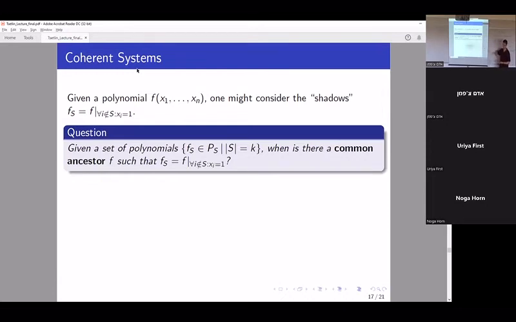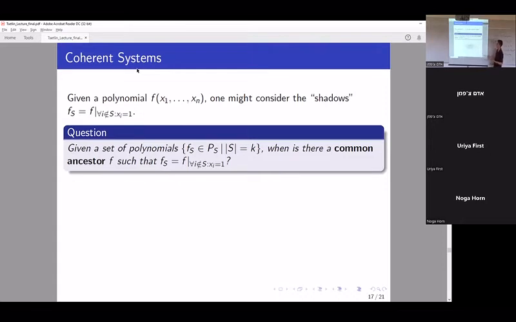Okay, so naturally we have some necessary condition. We really need to agree on the intersections, right? If we take two, S1 and S2, and we intersect, and we substitute ones and go to a polynomial in the intersection, we want them to get the same polynomial.